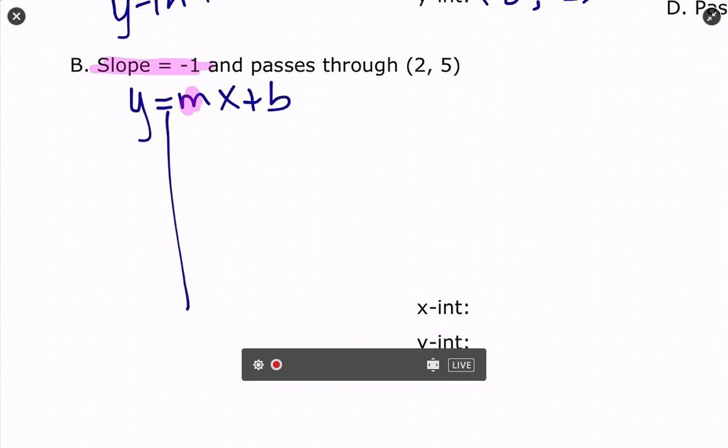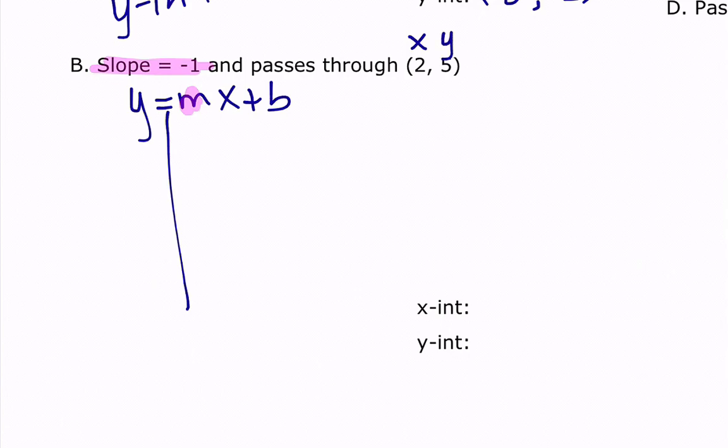So where do I look to find my y? Remember, every point that is given to you gives you an x value and a y value. So instead of y, I'm going to replace y with 5. Instead of m, my slope, I'm going to replace it with -1. X, I'm going to replace with 2.